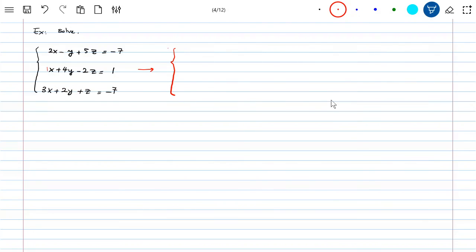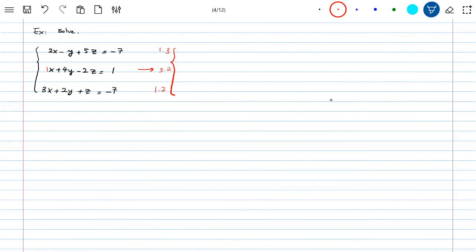This is basically what I'm doing. I'm picking the coefficients from the other equations. So equation 1, I'll multiply by the other two coefficients, 2 and 3. Equation 2, I'll multiply by the other two, 1 and 3.